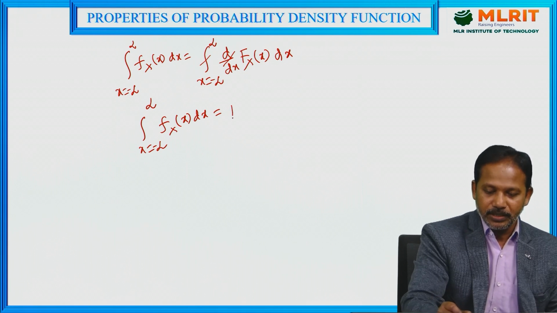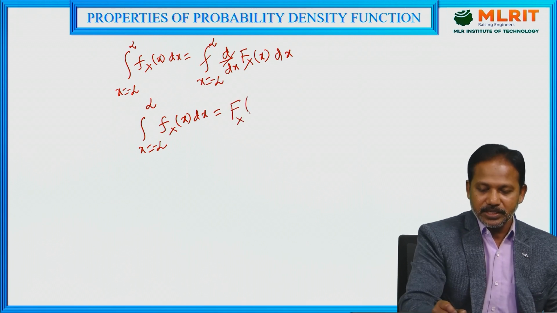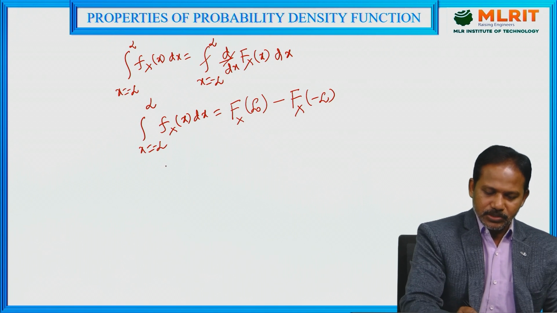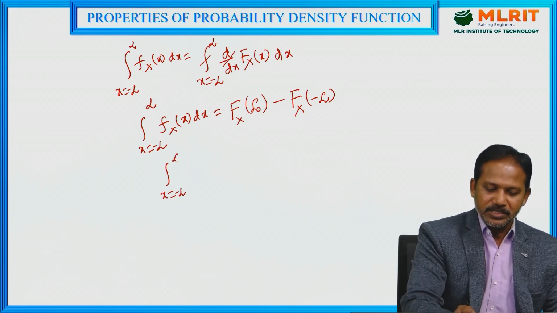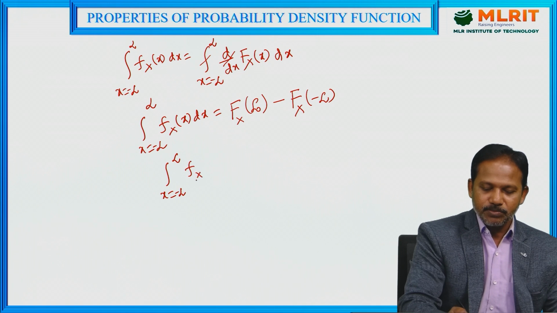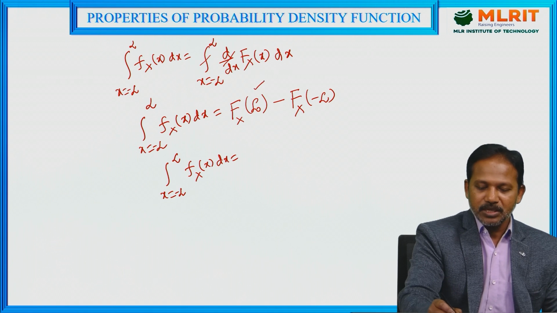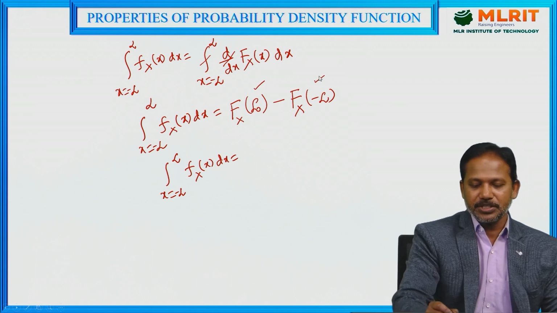So I can write FX of the upper limit infinity minus FX of minus infinity. See here, there is no change in the LHS, that is the integral from x equal to minus infinity to plus infinity of small fX(x) dx equal to, here we know already the properties of the probability distribution function.